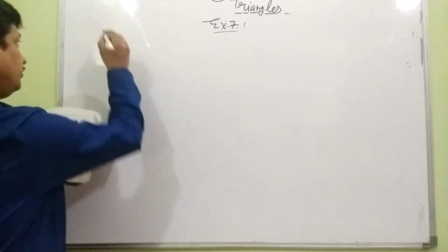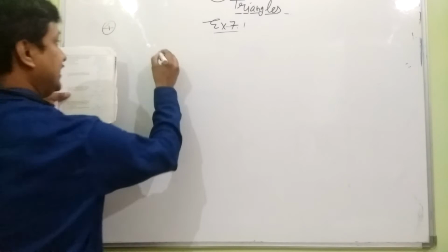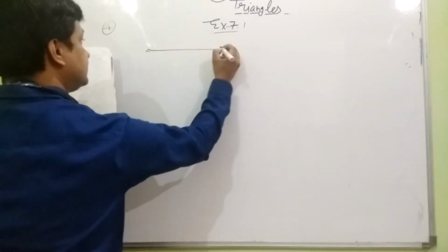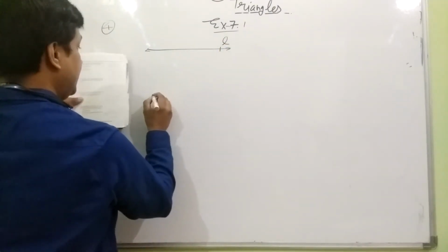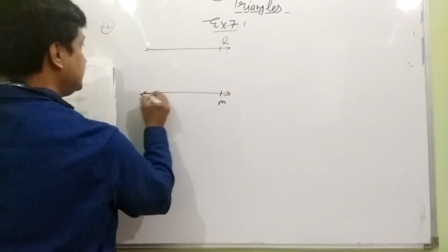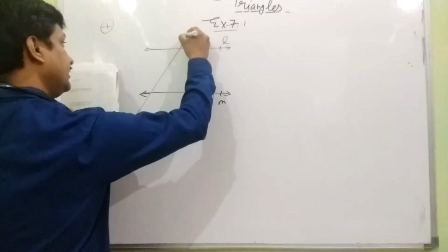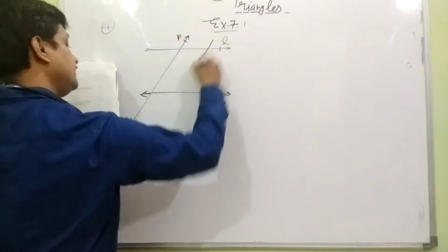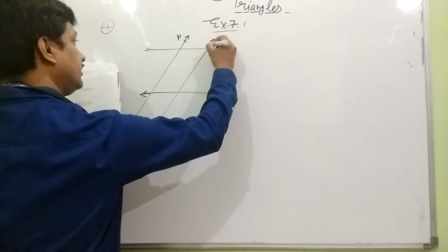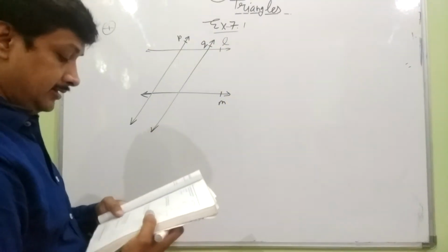So question number 4 is: L and M are two parallel lines. We have two lines, first is L and the other line is M. Line L is parallel to line M, and line P is parallel to line Q. These two lines are also parallel.